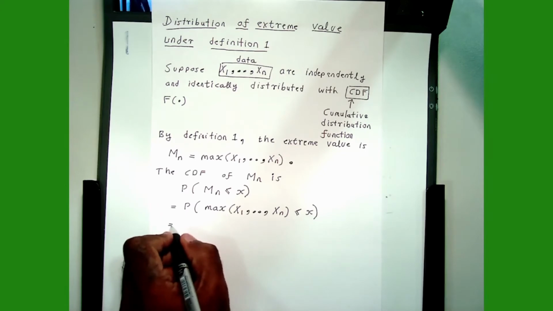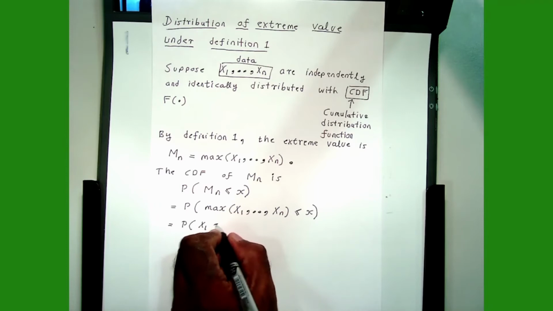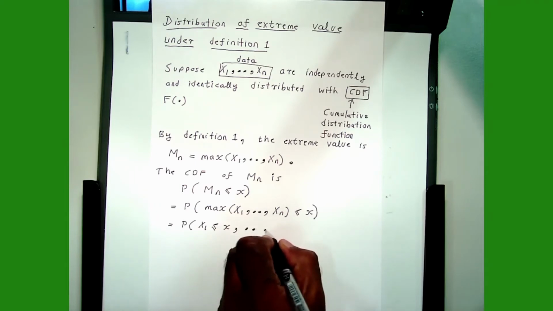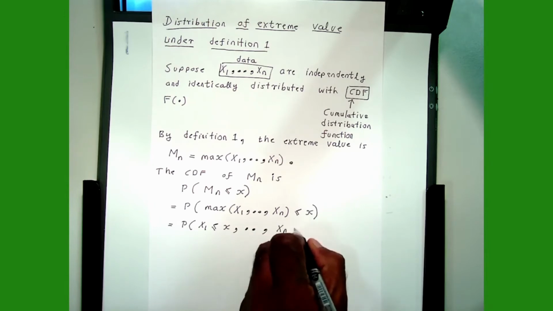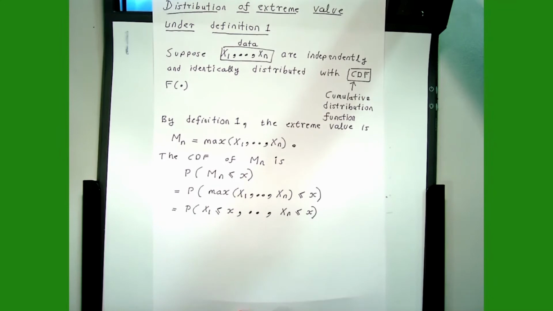So this is equal to the probability that x1 is less than or equal to x, up to xn is less than or equal to x.